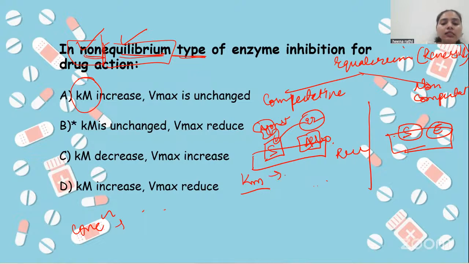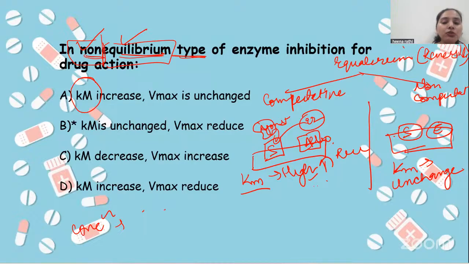It means the Km will be high. Second, the non-competitive type does not have any competition for binding to the substrate site. It means the Km will remain unchanged for the non-competitive type of equilibrium reaction.